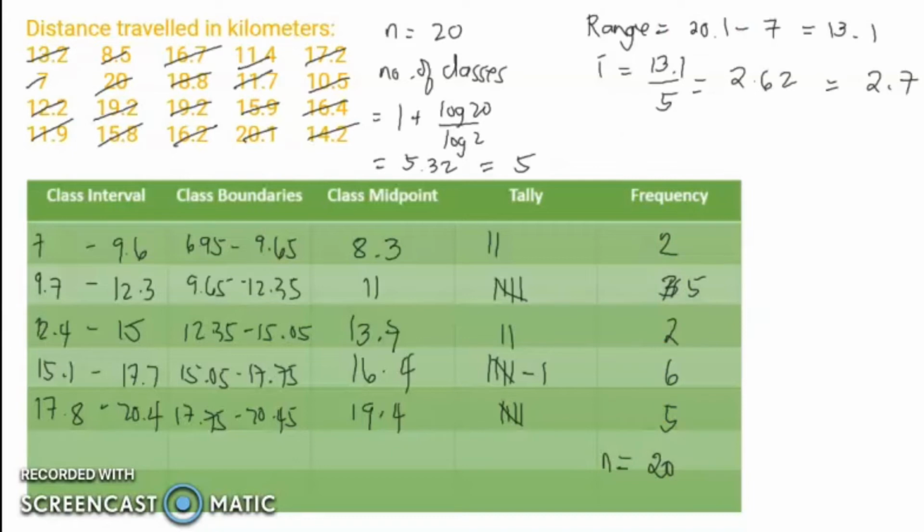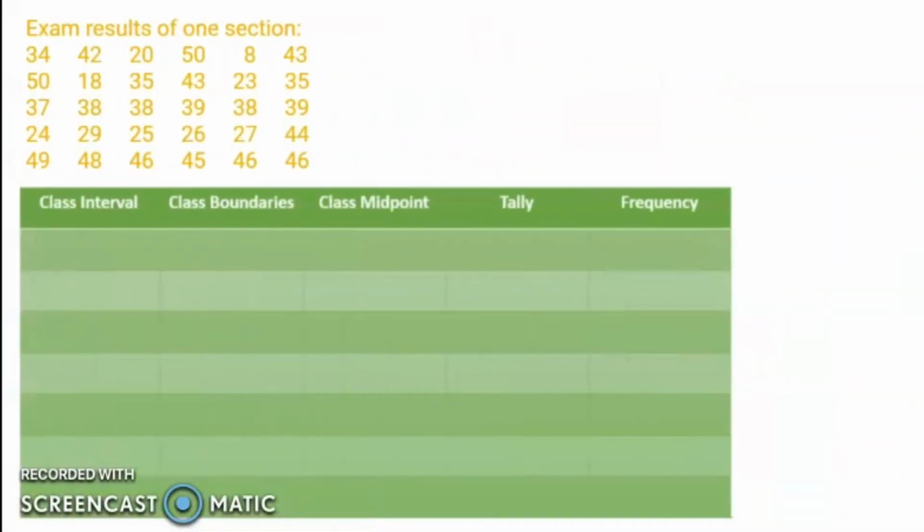So what should be our next one? For the next one, we have here the exam results of one section. Our number of values, the n first, is 30.